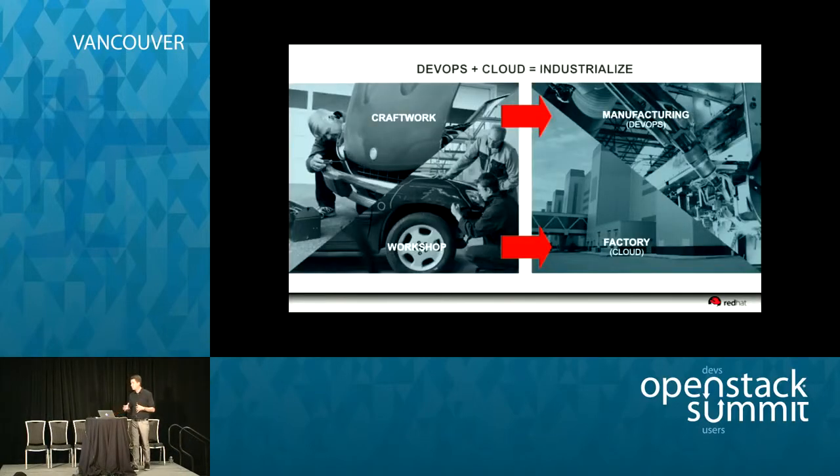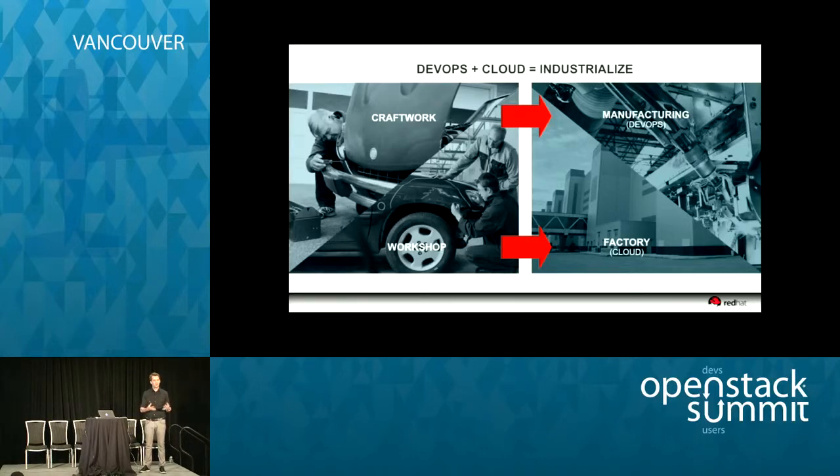These three things go together, just like in the automotive industry as an analogy. Before industrialization, you had cars being developed in workshops using craft-like processes. But as it was industrialized and moved to a factory, they switched to manufacturing processes to take full advantage of that new factory.